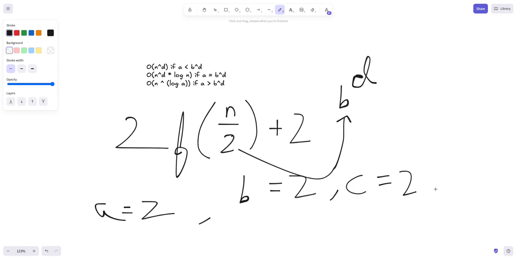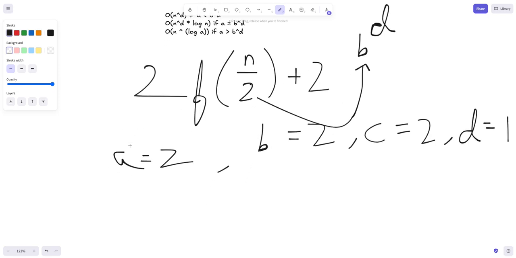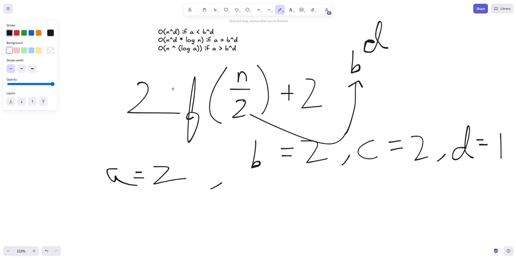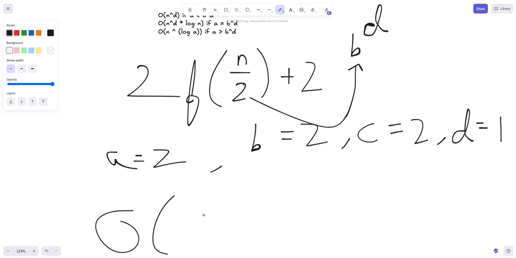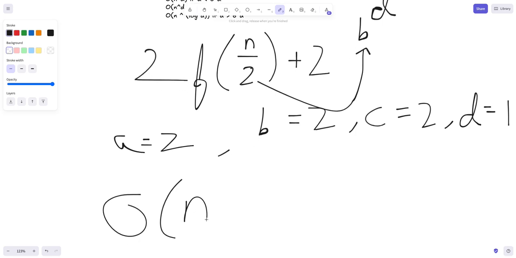In this case, we would have d is equal to 1. And since a is equal to b to the power d, since 2 is equal to 2, we're going to be using O of n to the power d times log n, and that is simply going to be O of n log n.